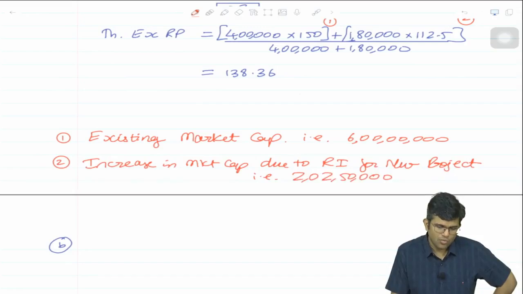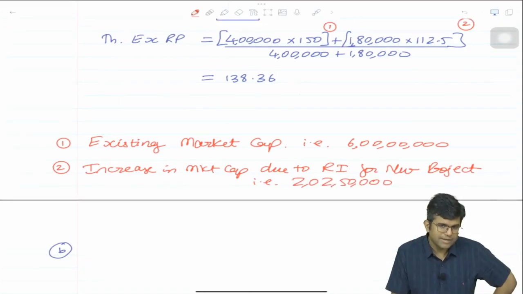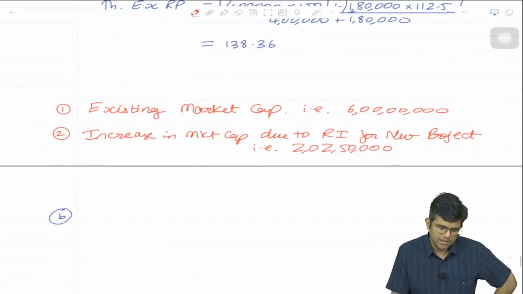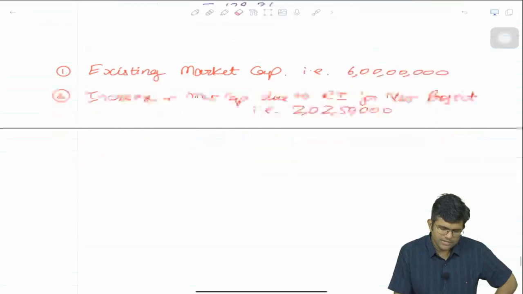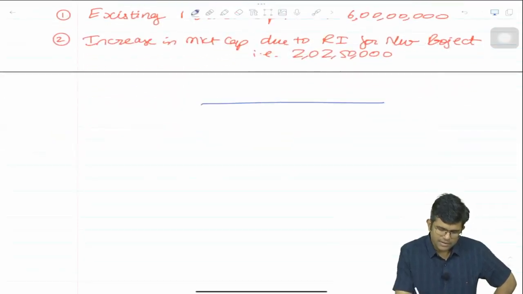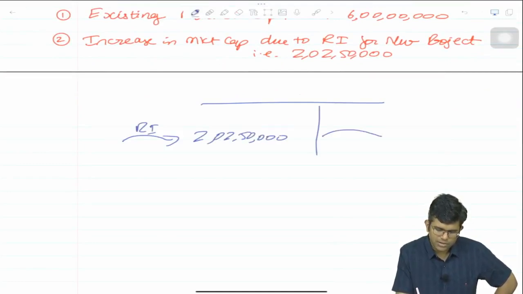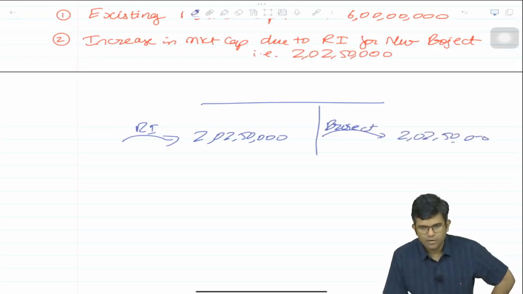Now, what is the problem? The problem is when this company raises 2 crore 2 lakh 50,000 from the rights issue, it puts it in a project. Everyone clear?